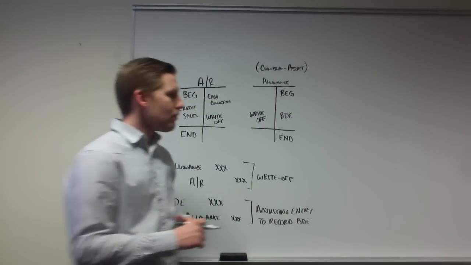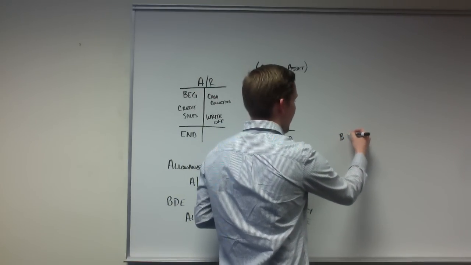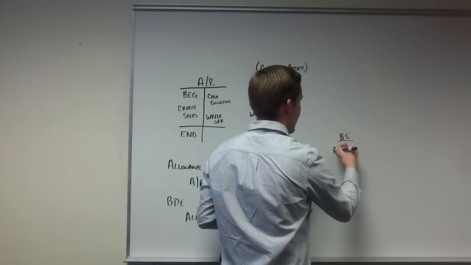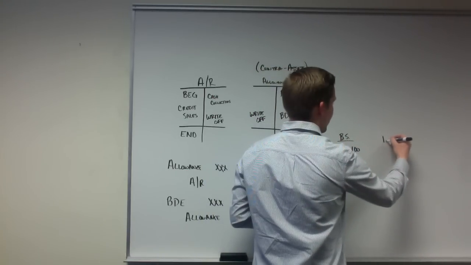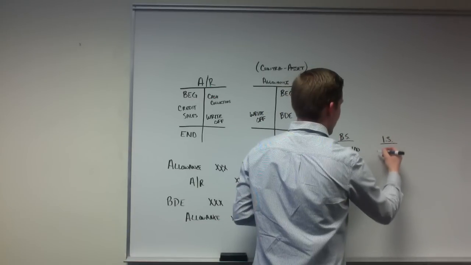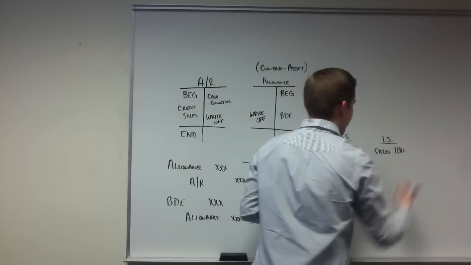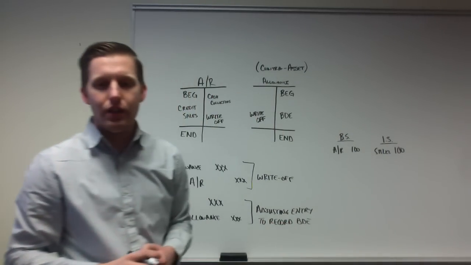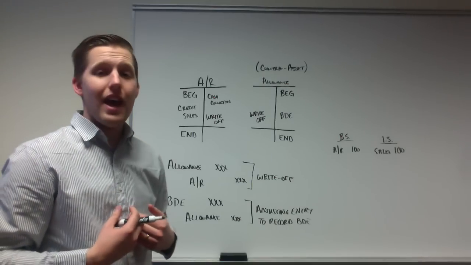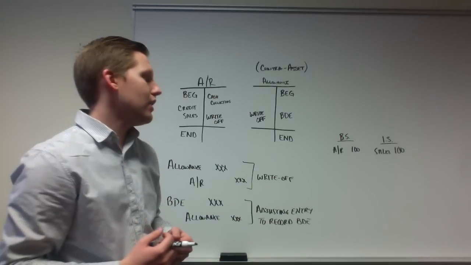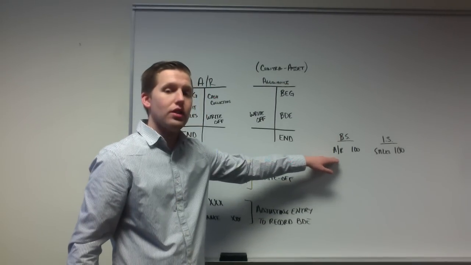Okay, so now I'm going to try to explain a little bit of what's actually going on. So in a very simplified example, if I have a balance sheet that shows accounts receivable for 100, and I have an income statement that shows sales for 100, at the end of the year, I need to ask myself, is it accurate for me to say that I'm going to collect $100?